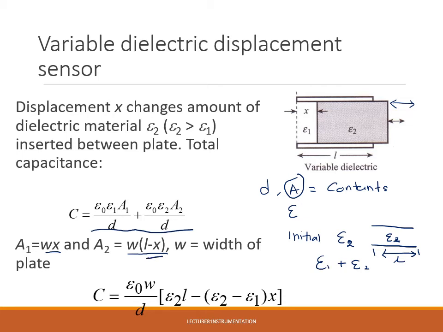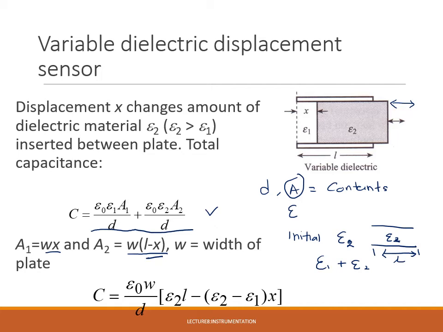So putting back the values for A1 and A2 into the equation here, we get the capacitance value as epsilon naught width over d, because this is constant: width constant, epsilon naught constant, distance constant.